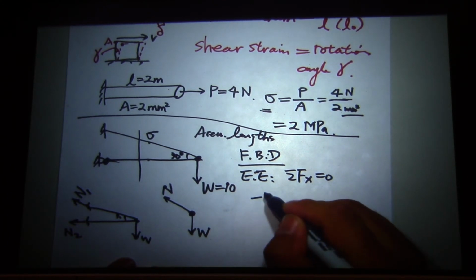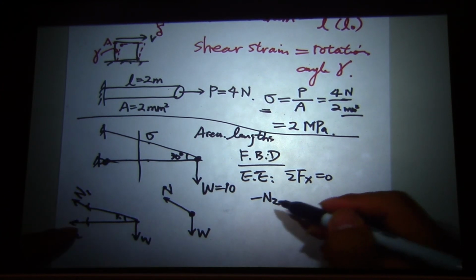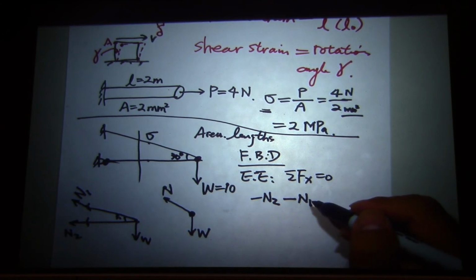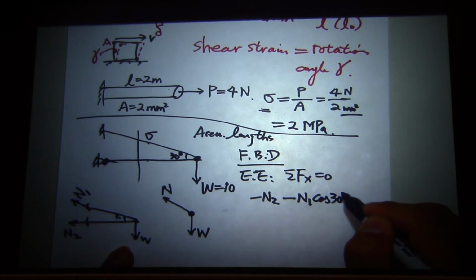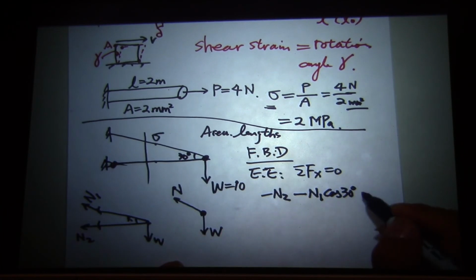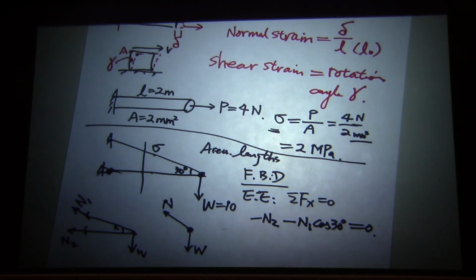You have negative N2. That's this direction. And then you have the negative N1, but not in the x direction, so you have to have a projection. That's cosine 30°. Okay, what else? No, W has 0 projection. So this one equals 0. That's your first equation, sigma Fx equals 0.